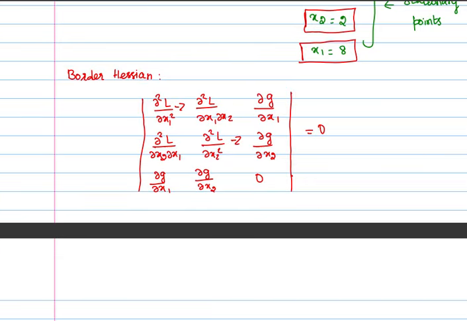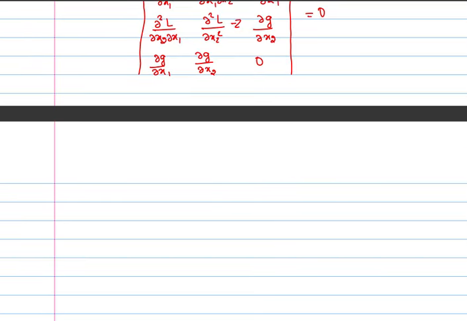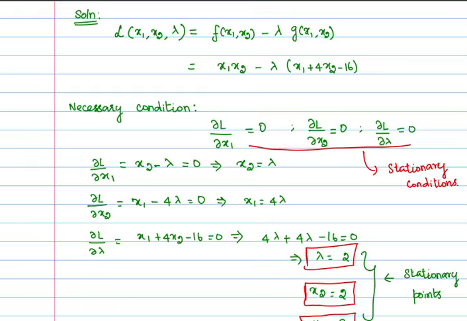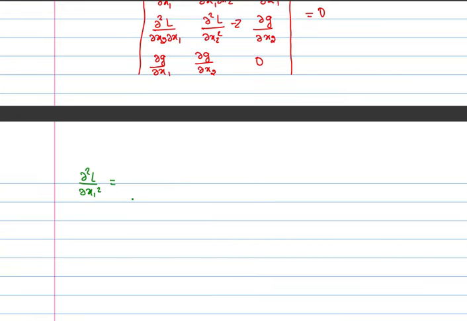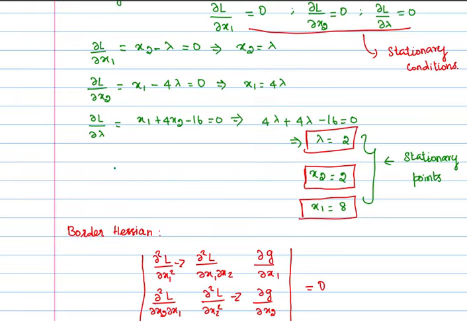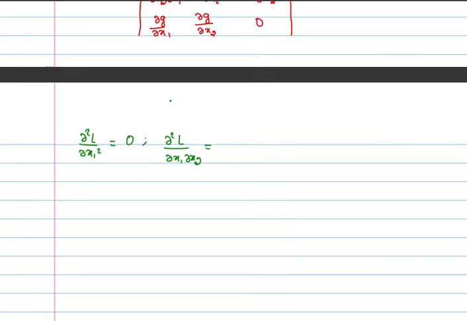First of all, I want to take the second derivatives. What is ∂²L/∂x1²? ∂L/∂x1 we already calculated, that is x2 minus lambda. So x1 is independent in this function, and it becomes 0. For ∂²L/∂x1∂x2, you take the first derivative with respect to x2, then the derivative with respect to x1, so we get 1.